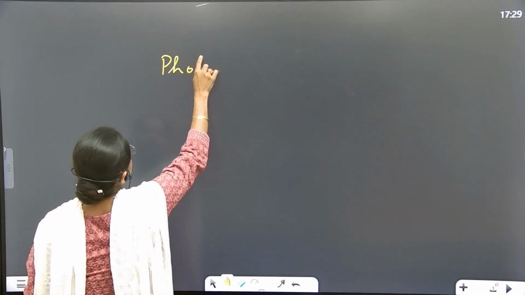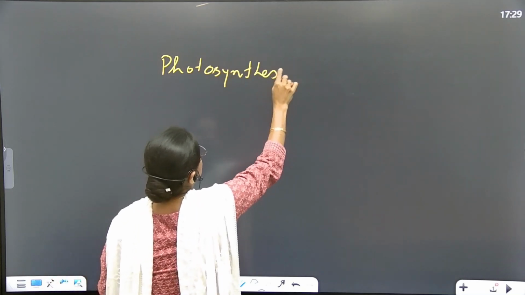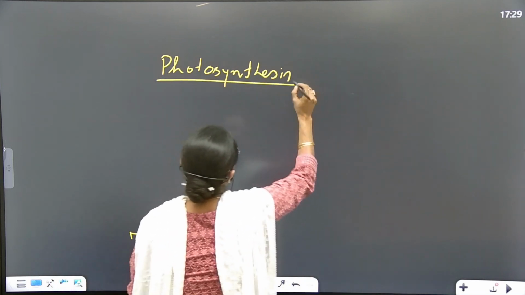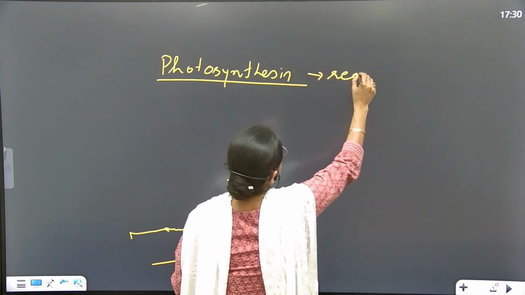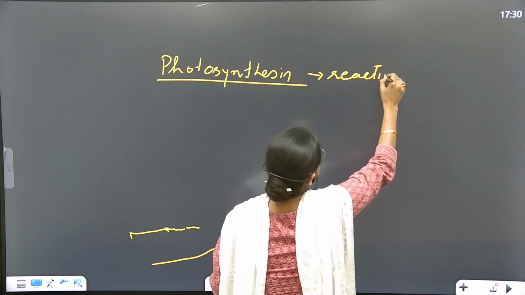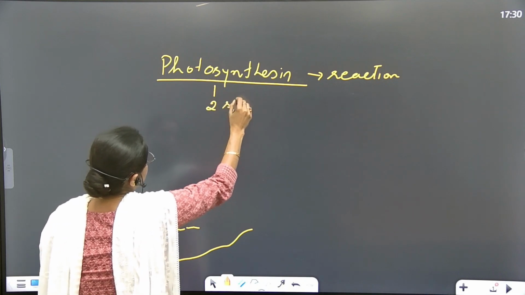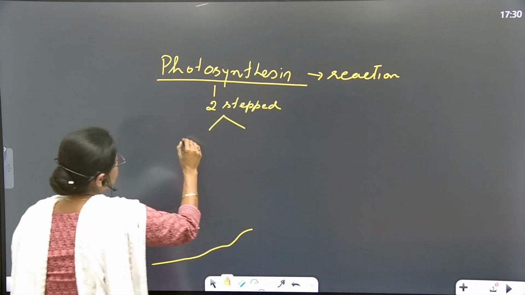In the last class, we have certain ideas. When we talk about photosynthesis, we remember that we have talked about it as a reaction. What type of a reaction we remember. So we are not going to write it down again. How many stepped? Two-stepped. Right? What are the two steps?